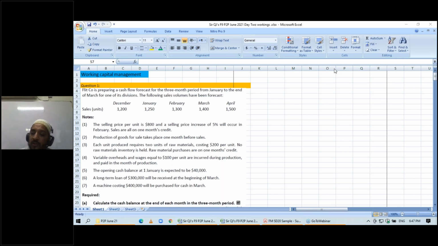Now, our first question on working capital over here is based on cash budgets. Now, cash budget is a technique through which we come to know how much cash we will need in the future, and we can make arrangements in advance. Like if we have a lot of payments in future and we are not going to make that much of receipts, we can go to banks and arrange some more overdraft limits, so that we can obtain overdraft financing from the banks, and therefore we can easily meet our cash payments.